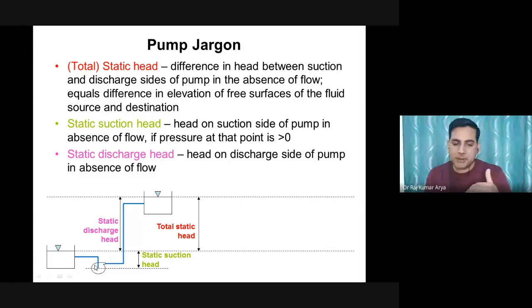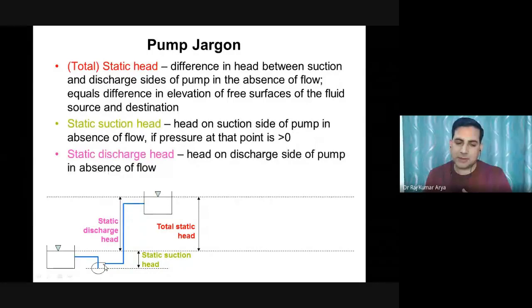Now, once you turn on the pump, the pump will suck the fluid from this pipeline. Once you turn on the impeller, it creates some sort of lower pressure, and the lower pressure will suck the fluid from the backside, and then it delivers it to the other side because you are imparting energy with the help of the motor. Whatever mechanical energy you are providing with the help of the pump impeller is being transmitted to your fluid, and finally you are raising its pressure further to lift it to a further height.